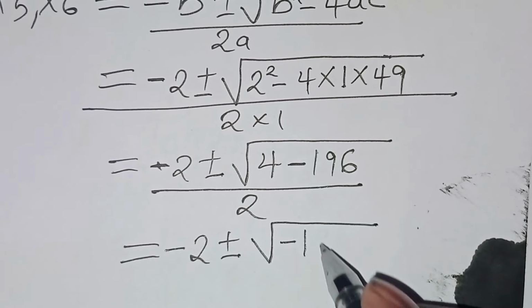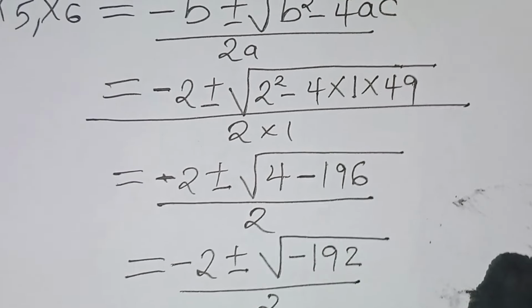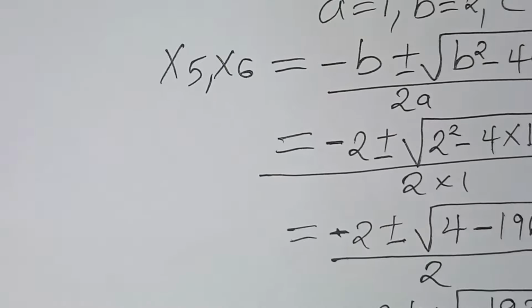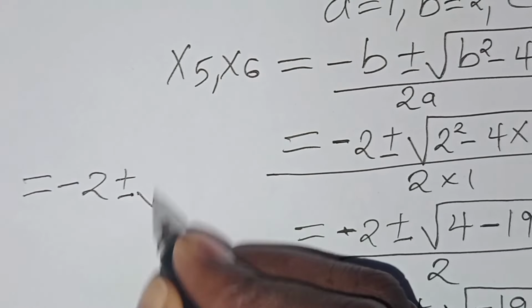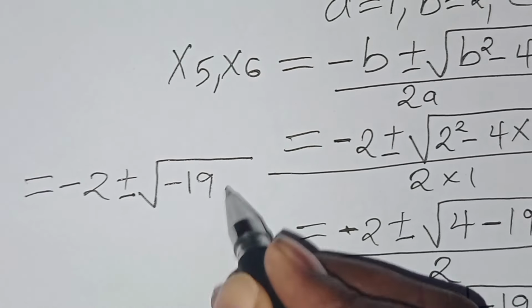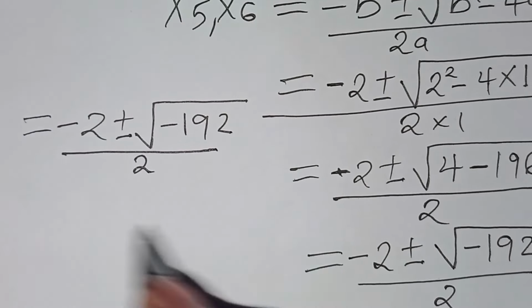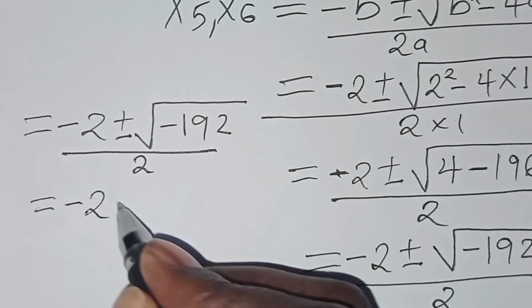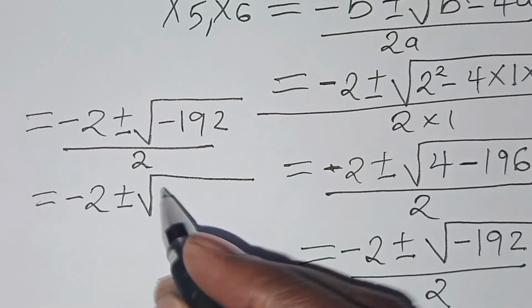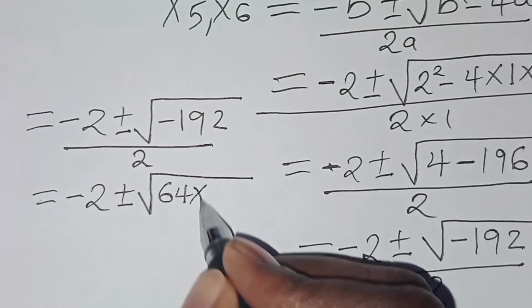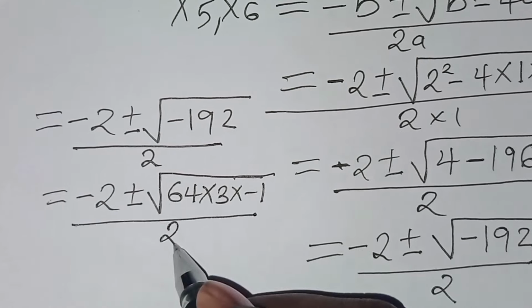This is negative 192, divided by 2. So here we have negative 2 plus or minus the square root of negative 192 divided by 2. We can express negative 192 as 64 times 3 times negative 1, divided by 2.